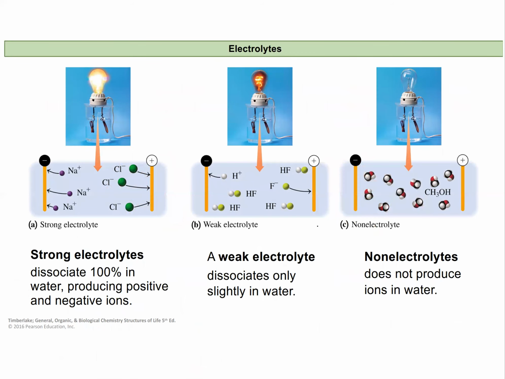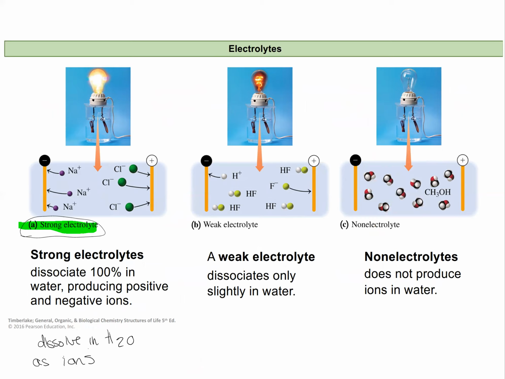And so here is this idea about conducting electricity and how this comes in. Something that is a strong electrolyte will, we call it dissociate completely. That means it'll dissolve completely as its ions.